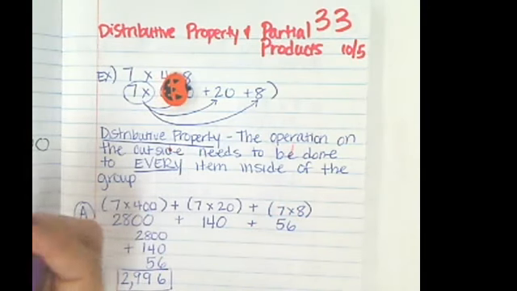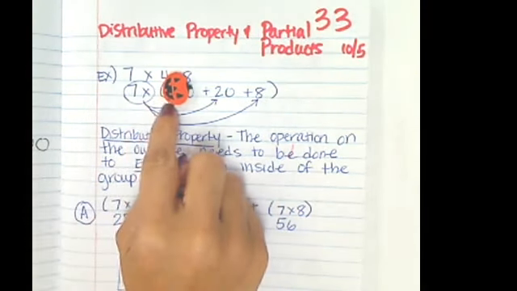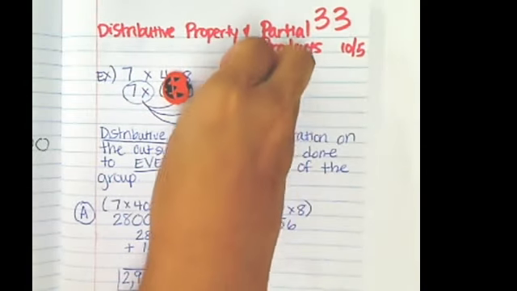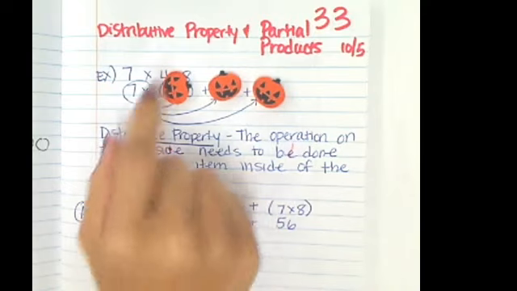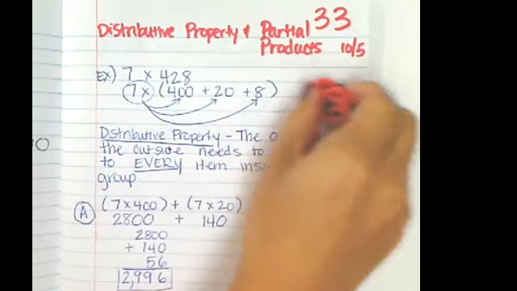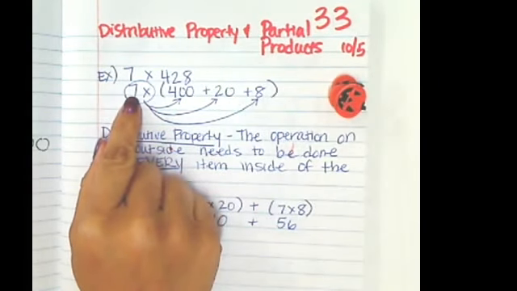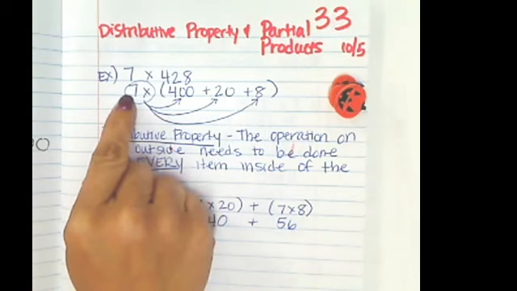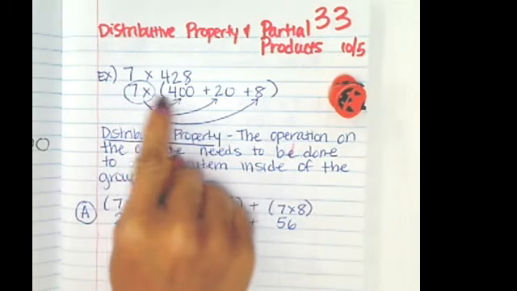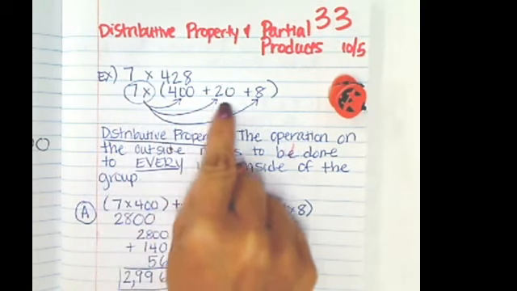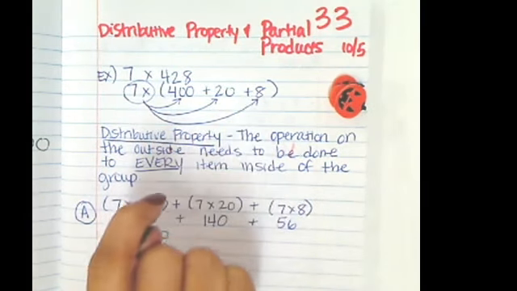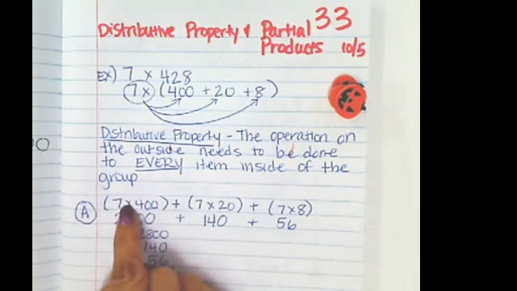Even in math, when you're distributing something, you want to make sure that you're distributing it to everything in the group and not just one. So the thing that's being distributed in this problem is the 7 times. So if I'm going to do 7 times 400, then I also need to do 7 times the 20 and 7 times 8. Okay?